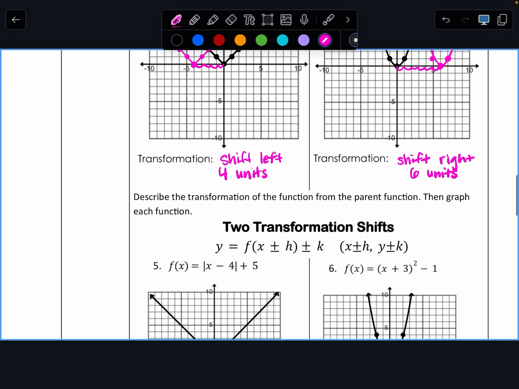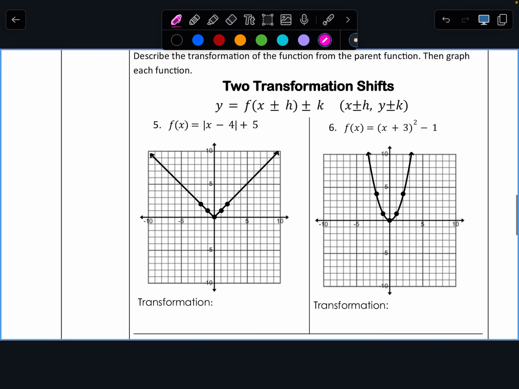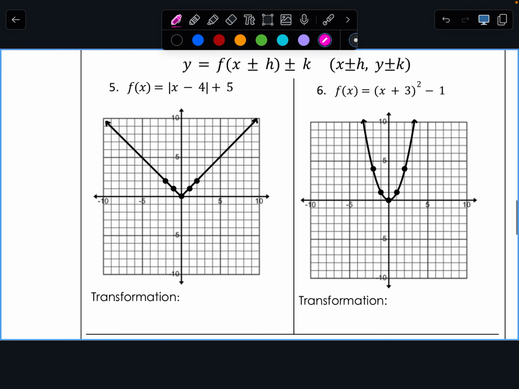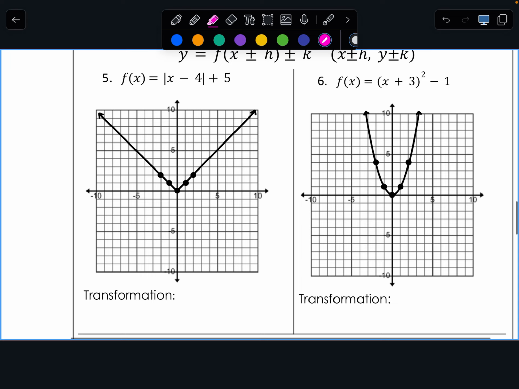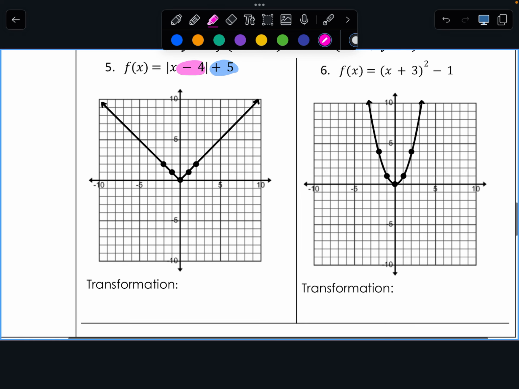Now let's do some graphs that have a horizontal and a vertical shift. So number 5 has a horizontal shift of 4 and a vertical shift of 5.